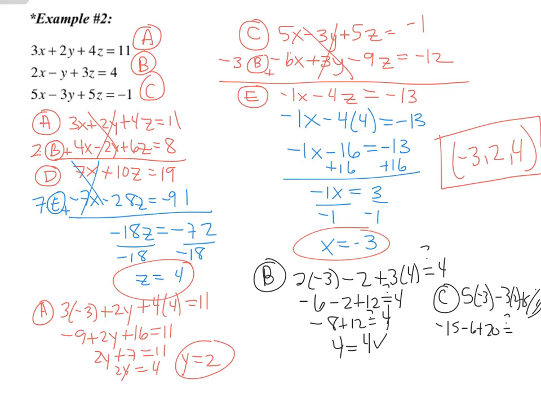We need to check to see if that equals negative 1. Well, negative 15 take away 6 more is negative 21 plus 20. Really does equal negative 1. So it checks. And we know that we have the correct solution. So these three planes intersect at a single point, and that point is negative 3, 2, 4.